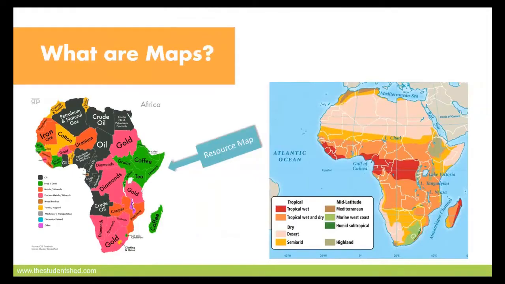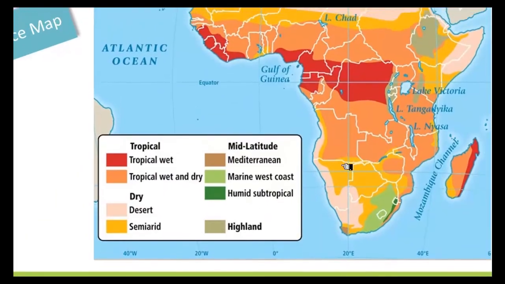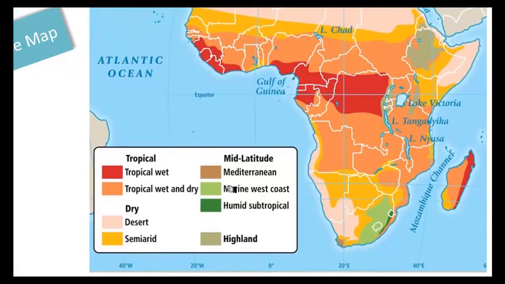Whereas the map to the right is also a color-coded map, but it's a color-coded climate map. And the purpose of this map is to show the different climatic zones located throughout Africa. So for example, the red in the key here represents a tropical wet area.